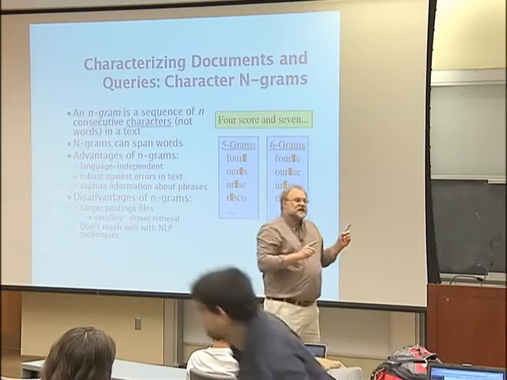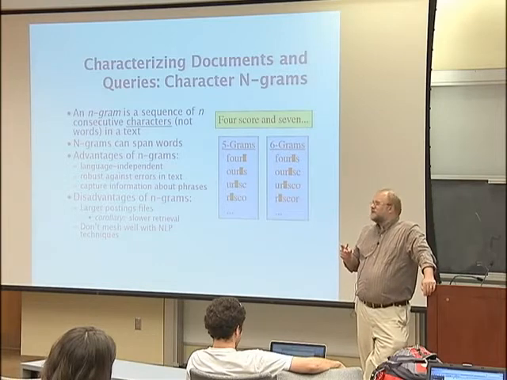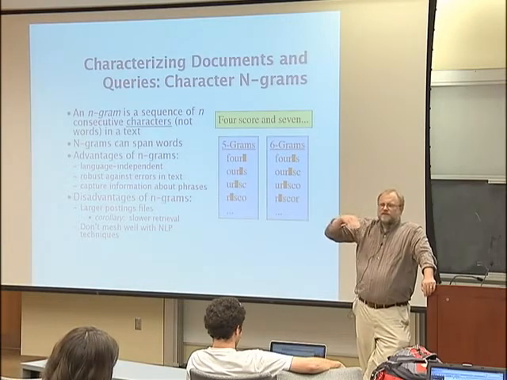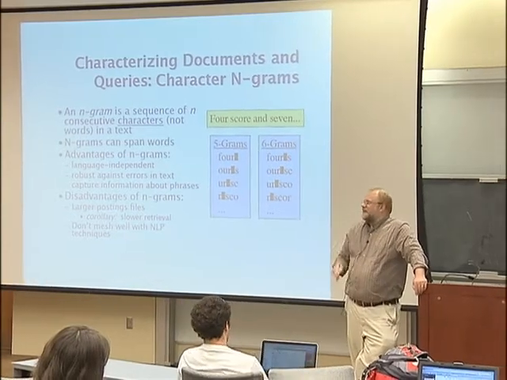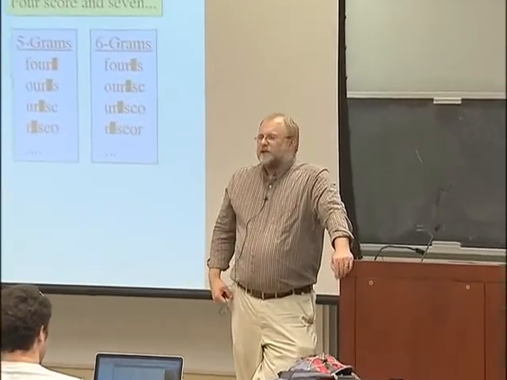And so there have been studies done where you take a collection and you synthetically degrade it. 5%, 10%, 15%, 20% of the characters are changed, deleted, added. When you get up to 20% or 25% degradation, it's almost unintelligible.